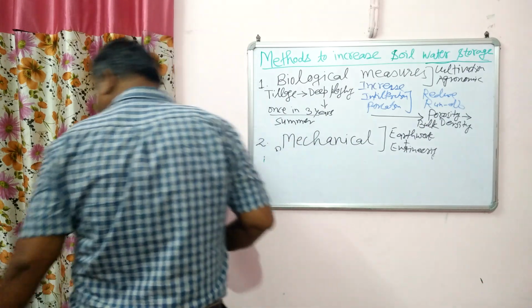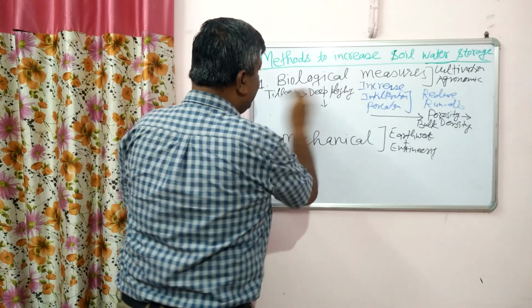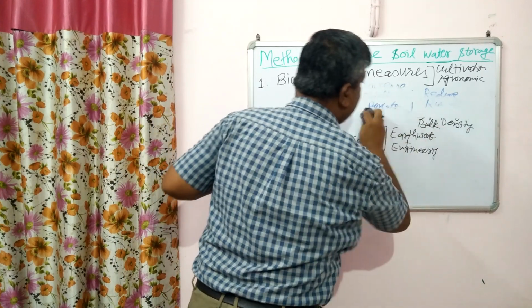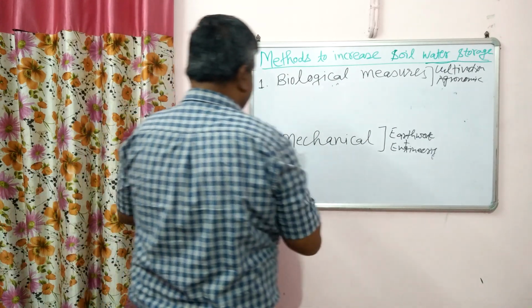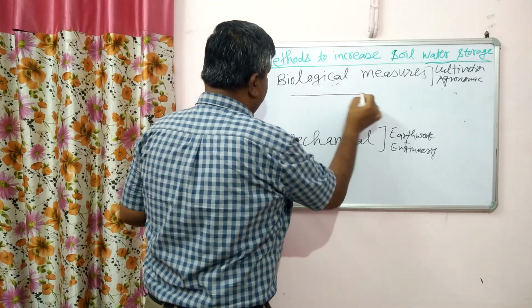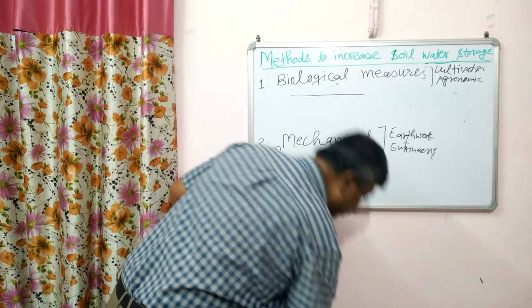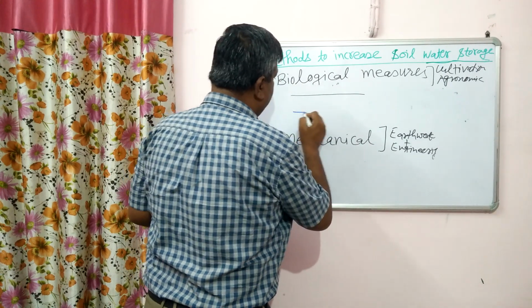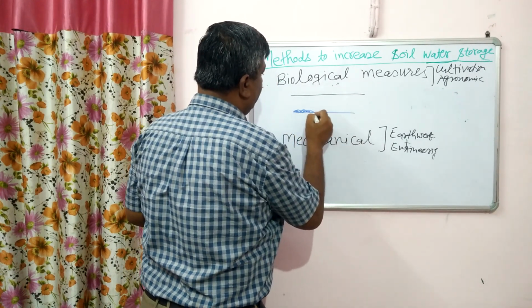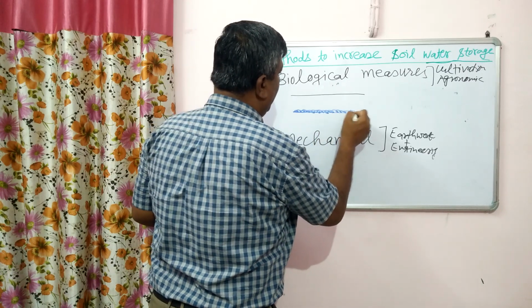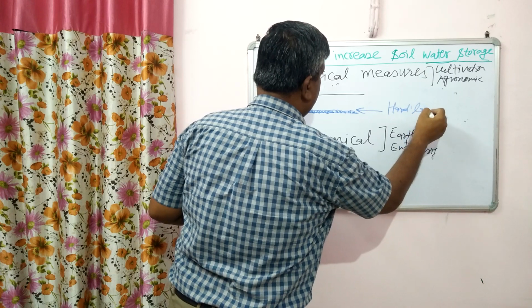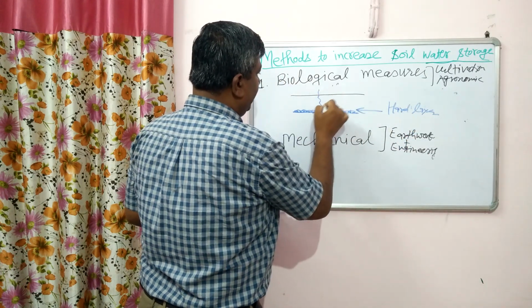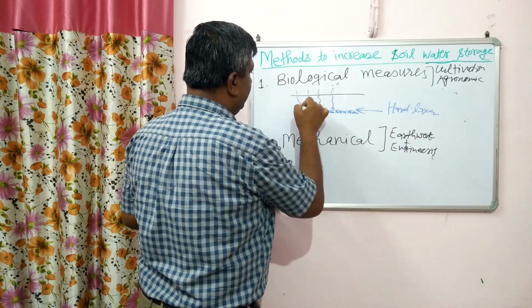Another practice is subsoiling. What is subsoiling in case of tillage? Actually, what happens, suppose this is the soil surface, so due to deposition of clay particles, a clay layer, a hard layer is developed, and then it checks the further downward movement.